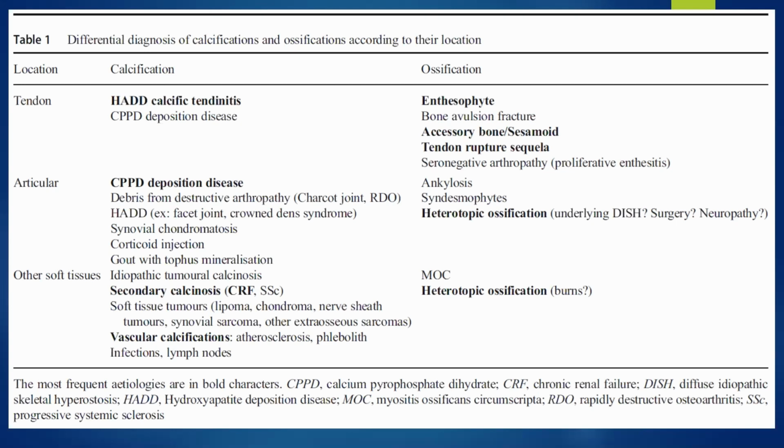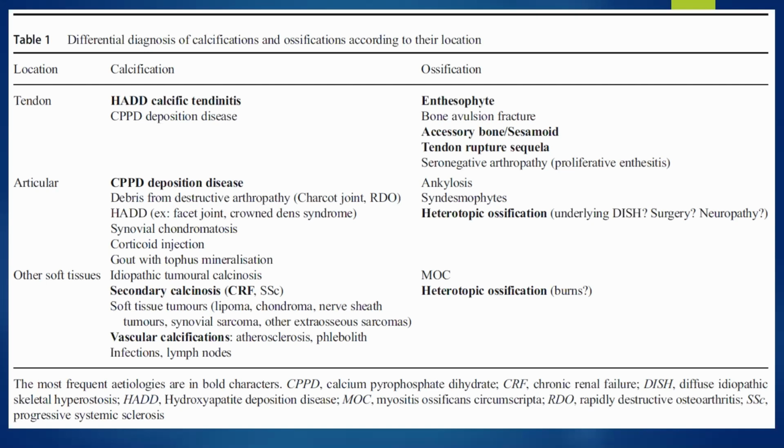Articular calcifications are most likely calcium pyrophosphate dihydrate deposition disease. This is a disease that mimics osteoarthrosis, and we all should know about it. I will do a lecture later on about this entity.